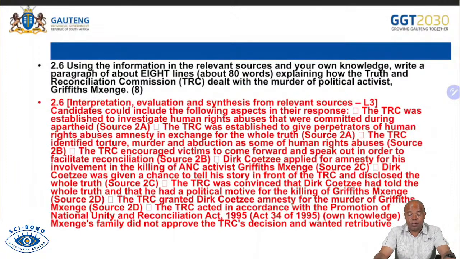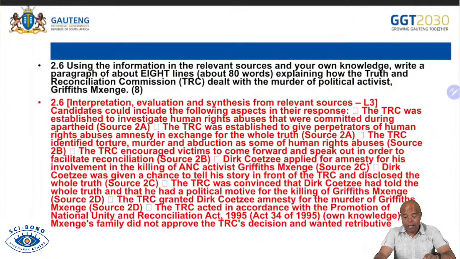Now, let's look at the answer that was provided here. The key here is to explain how the Truth and Reconciliation Commission dealt with the murder. Now, take note, we said you underline what needs to be underlined. Let me read quickly through it. The TRC was established to investigate human rights abuses that were committed during apartheid. Look how we indicated the reference source 2A.